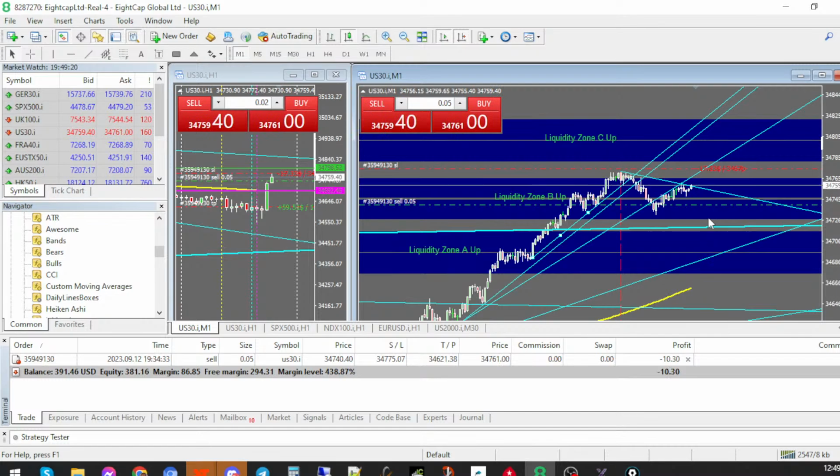Okay, right now it looks like it wants to break to the upside. It's breaking out of this trend line. Brad says learning ICT, SMC.